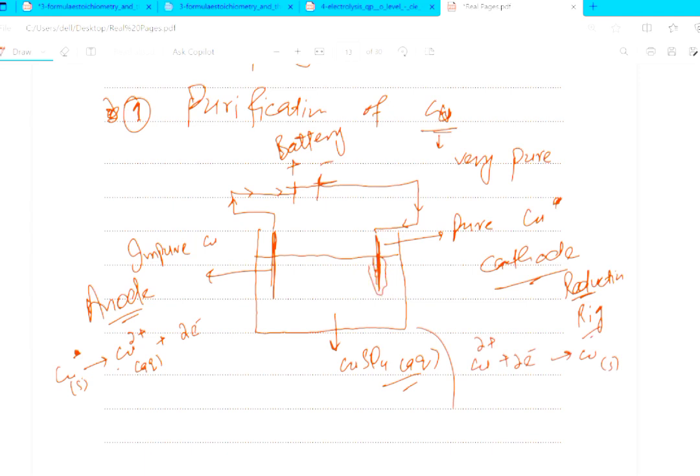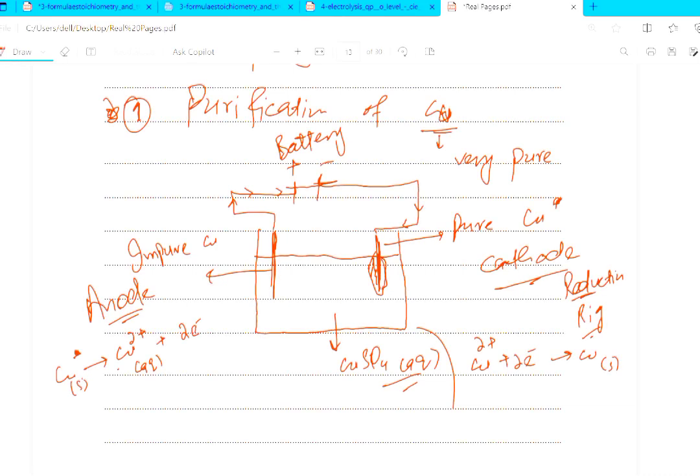So only the copper which is being oxidized over here will be reduced over here, and this will become a bit thick, and this will start becoming thin. You can say it will become thin with the passage of time. The copper sulfate aqueous is blue in color, and it will not fade.